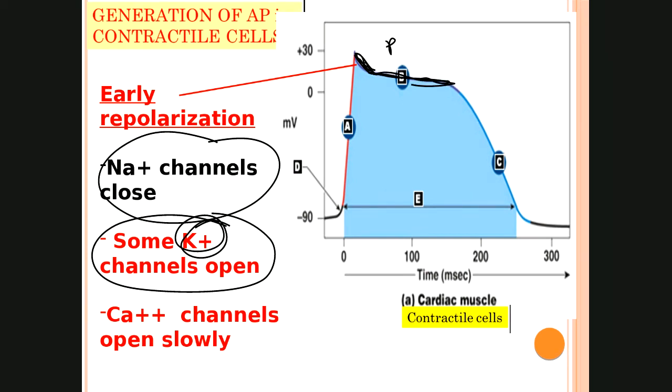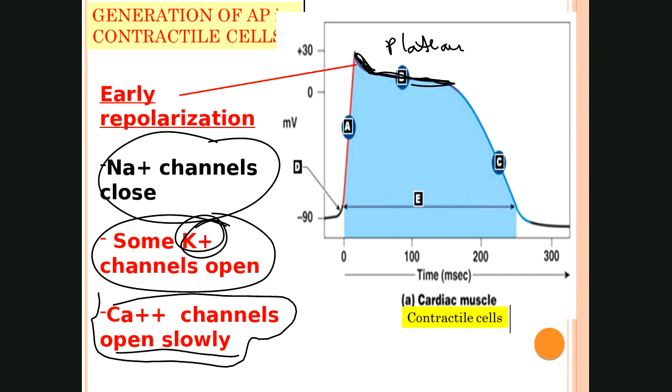The reason for this plateau is because calcium channels all of a sudden have opened. These channels are slow to open, and now you have an influx of calcium into the cell. Remember, we need calcium for muscle contraction, but in this case, the calcium that is coming in from outside the cell is going to cause this halt in the repolarization of the cell.